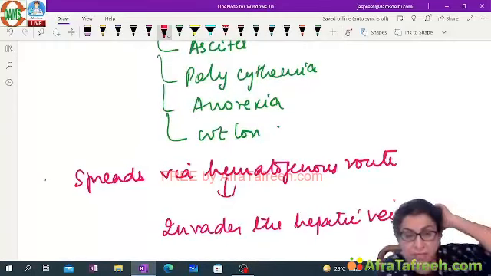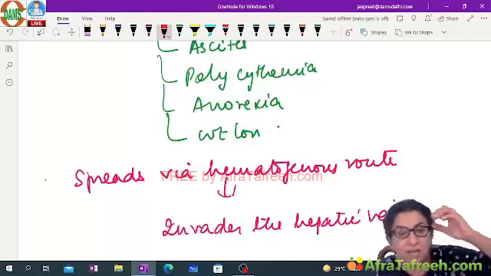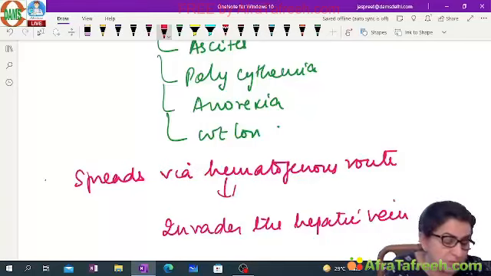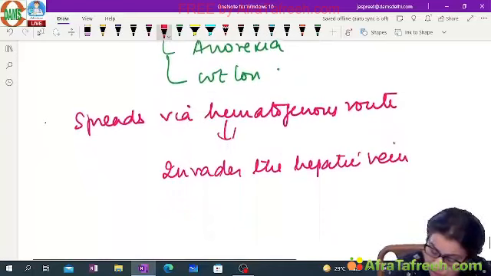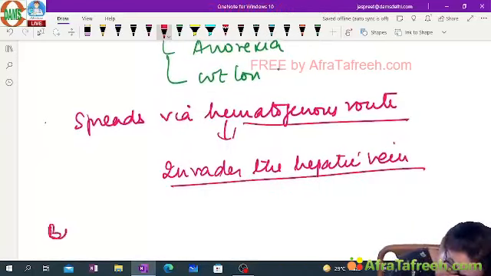Cancer cells invade the hepatic vein, and they can also cause hepatic vein thrombosis. Hepatic vein thrombosis is called Budd-Chiari syndrome. So they spread via hematogenous route, invade the hepatic vein, and Budd-Chiari syndrome.